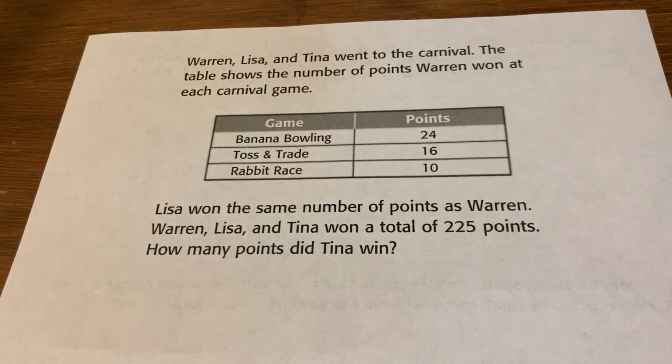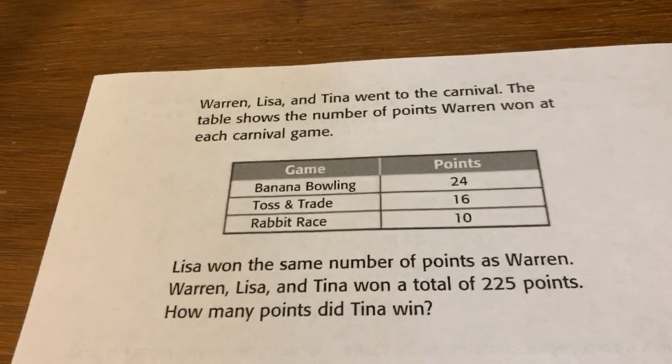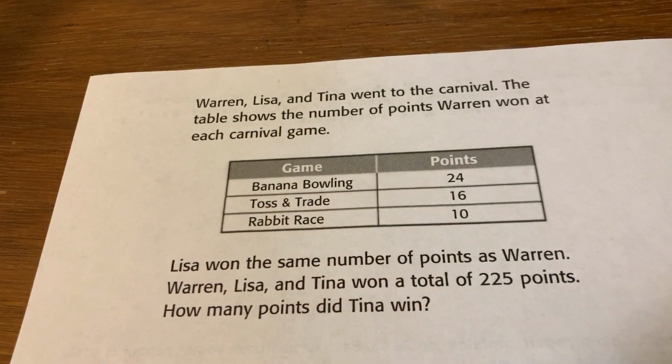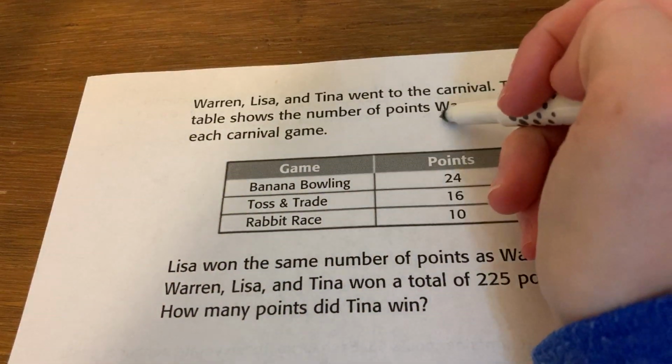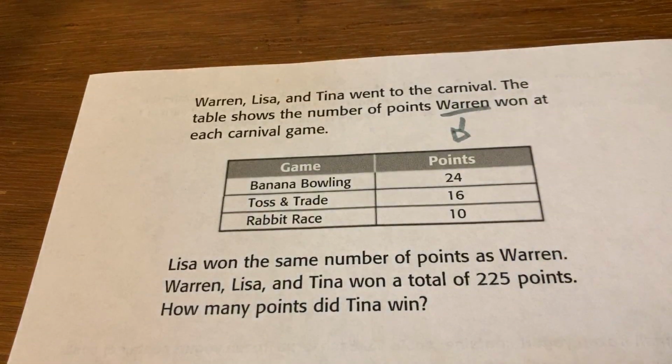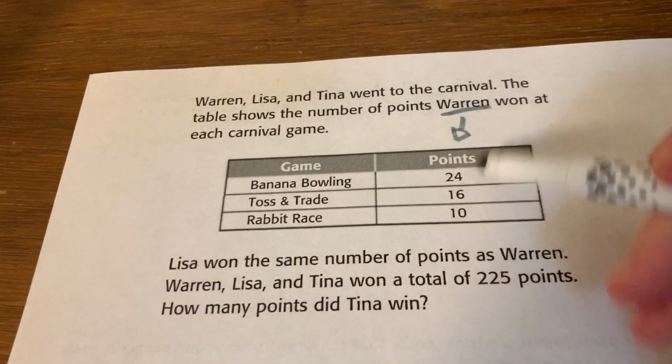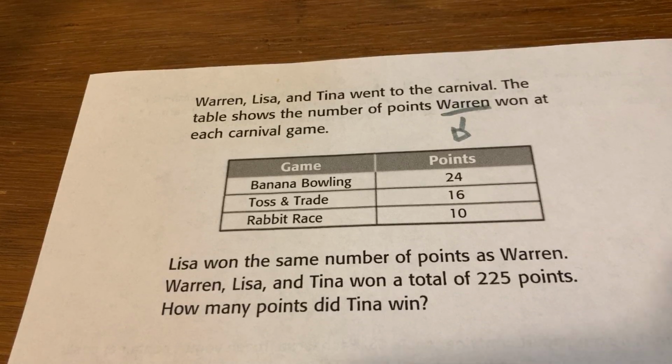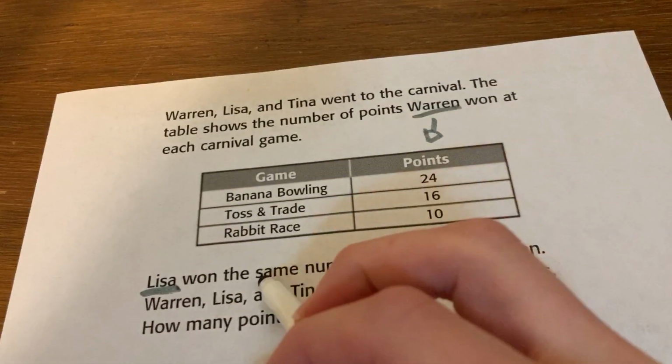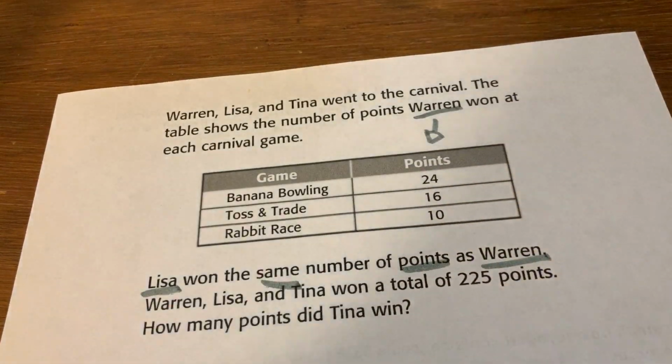All right, so here's what we notice. They went to a carnival. This table shows what points Warren got. So this all together, if we added it, would be the total of Warren's points. Lisa has the same points as Warren. Okay, that's important.